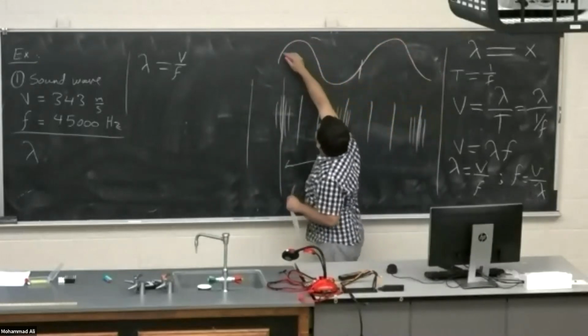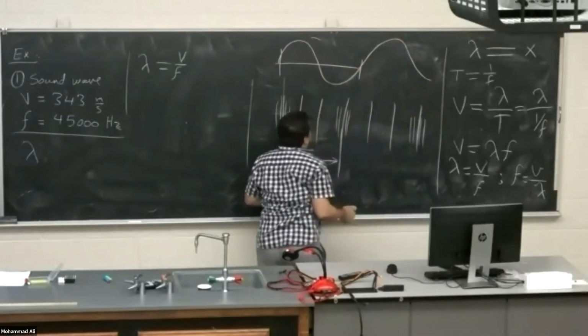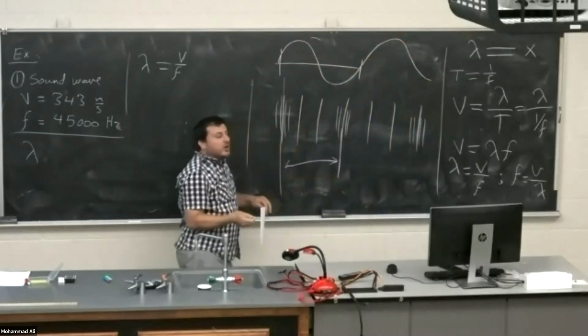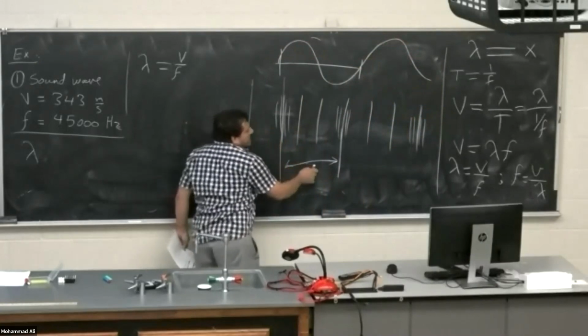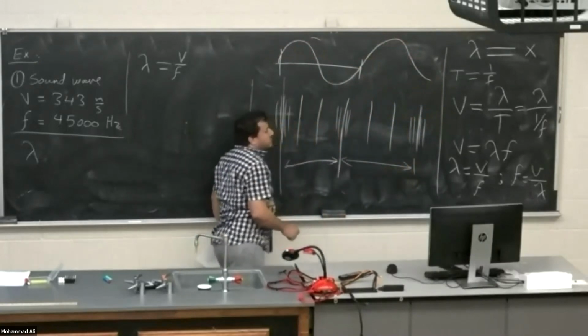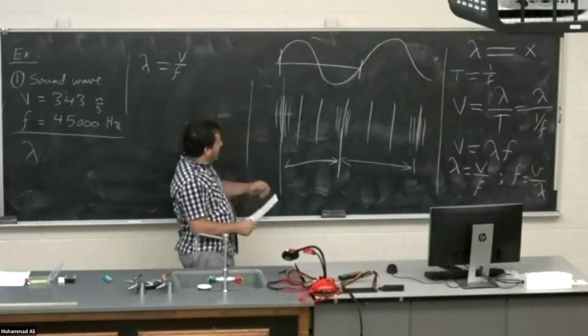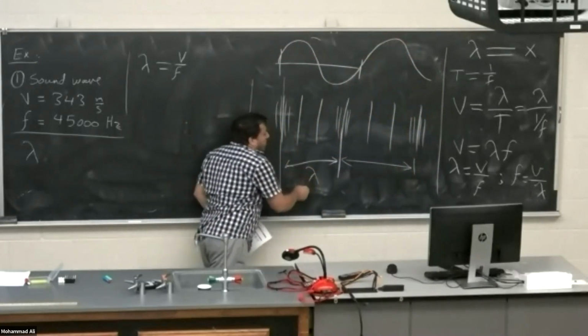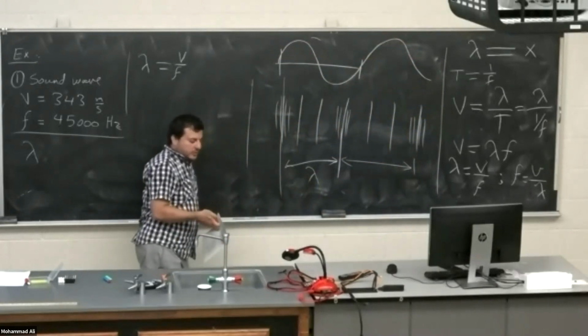This is maybe our wavelength for a transverse wave, okay? For the longitudinal waves, the wavelength is the distance between two compressions. Okay, we have a wavelength here. We have a time period, that's all.